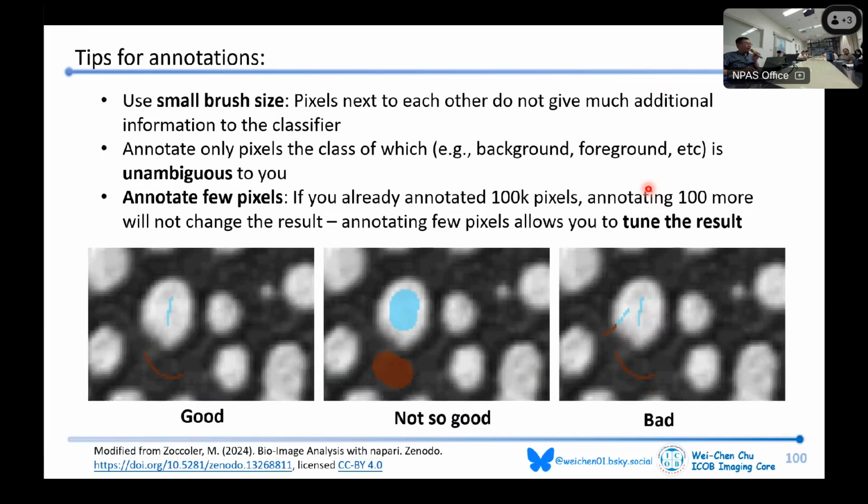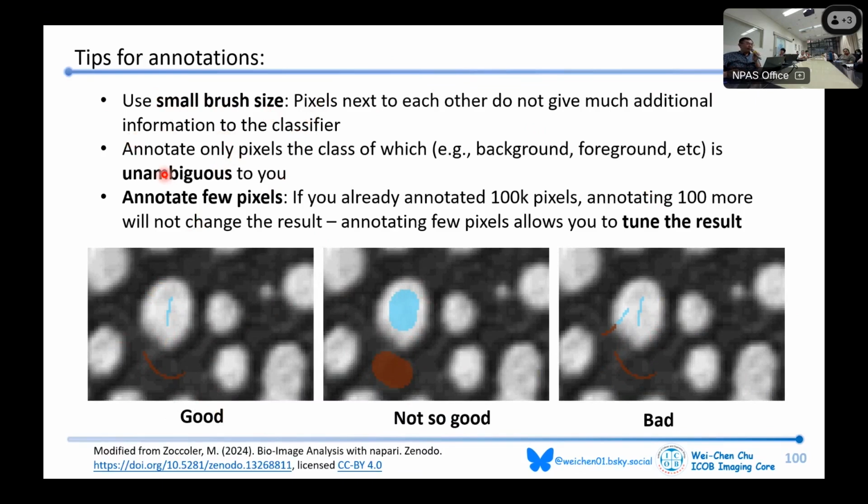Tips for annotation. Use a smaller brush like this, because using a bigger one won't give you additional information. This is good. Sometimes you see people do annotation like this, but this wastes some computer power.